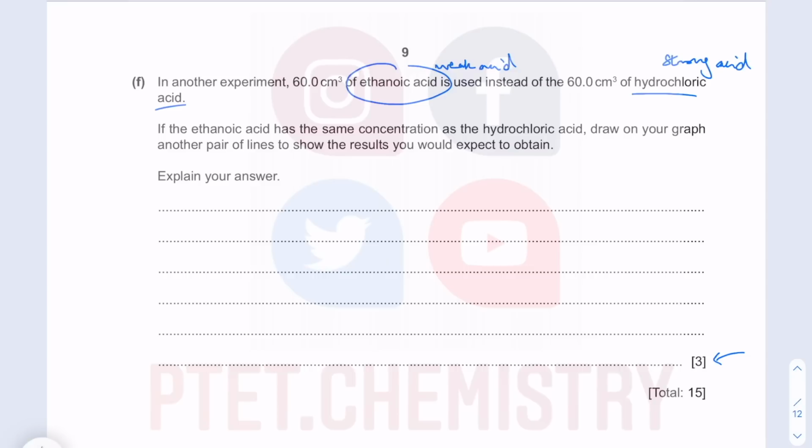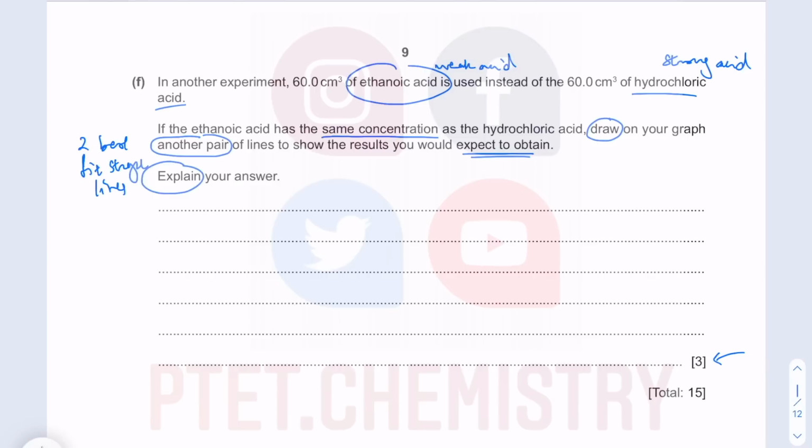We're saying they have the same concentration, but you want to draw on your graph another pair of lines. You need to have 2 best fit straight lines again, what you would expect to obtain, and you have to explain the answer.